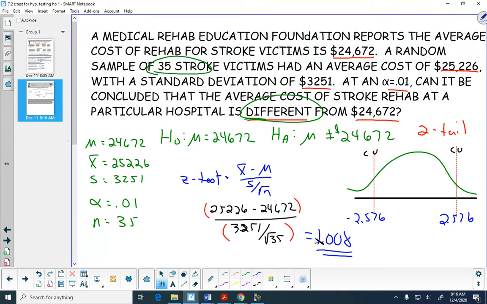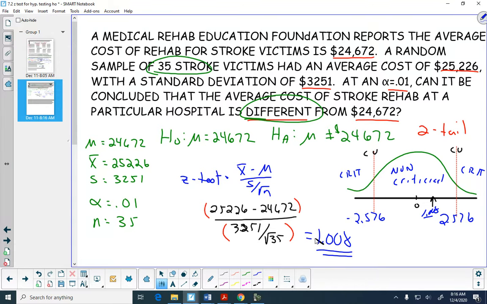So this is our test value. If I look at my number line, I have 0 here in the middle. 1.008 falls right around here. This is non-critical. This is critical. Critical. We fall into a non-critical region.